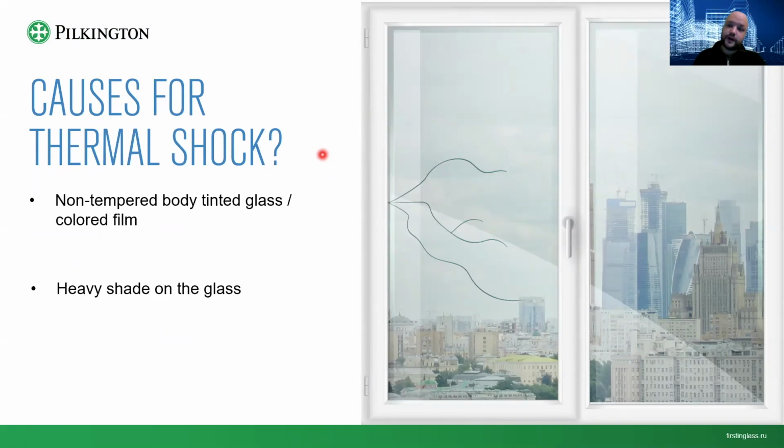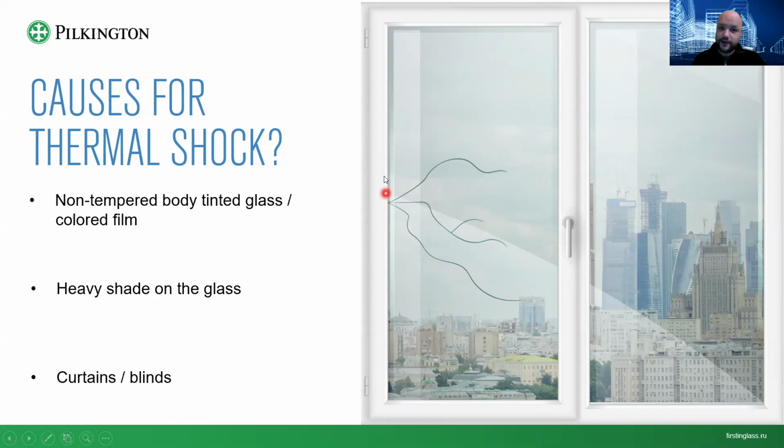If your IG unit or the glass has a heavy shade falling on it, that gives your glass uneven heating. One area of the glass will be hotter than the other. There you go. And of course, curtains and blinds will obviously do the same thing.